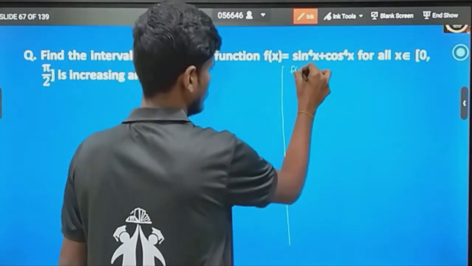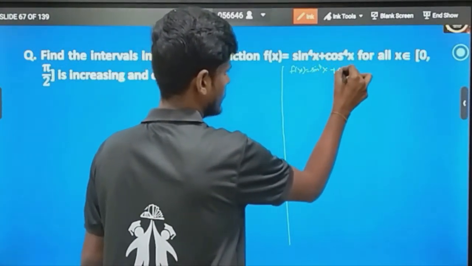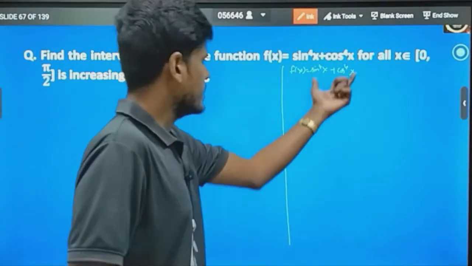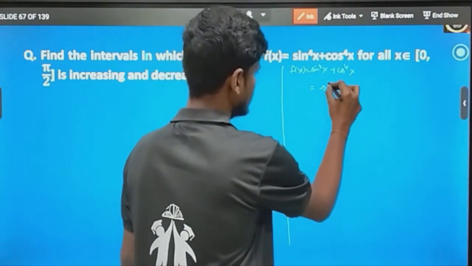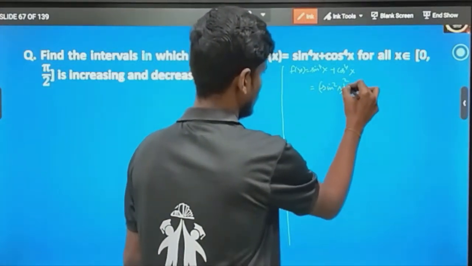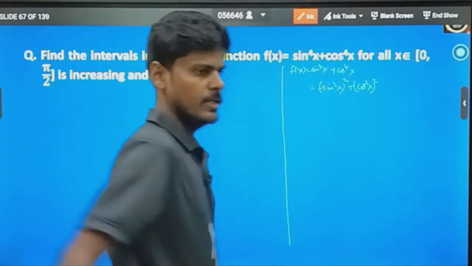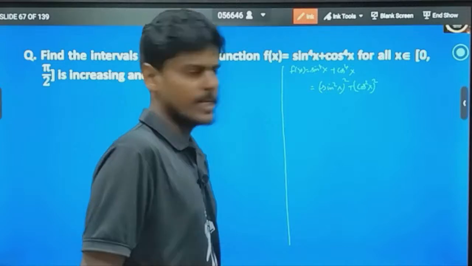f of x is equal to sin power 4x plus cos power 4x. Next what we need to do is try to simplify this term. This can be written as sin square x whole square plus cos square x whole square. Now this is of the form a square plus b square.